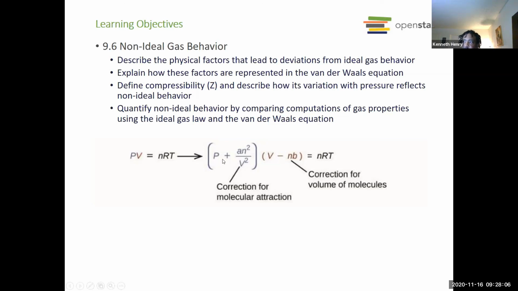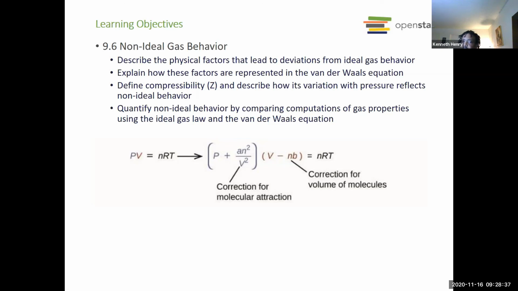So here we have P plus a n squared over V squared, where a represents a constant, n represents the number of moles, and V represents volume, times V minus n b, the number of moles times another constant, right? So that a constant and that b constant are given to us in tables, and we can just plug and chug to do the calculations, okay?